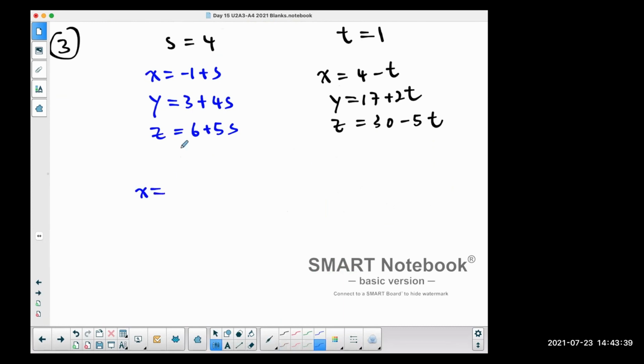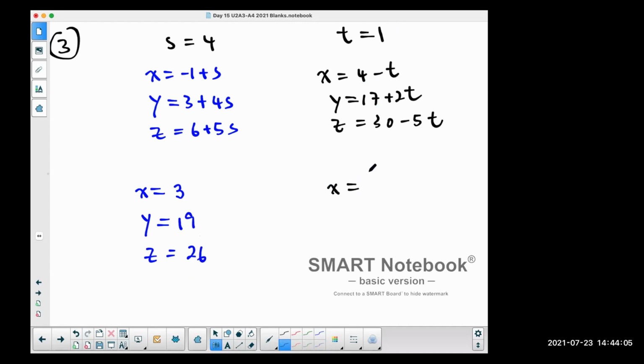X is equal to -1 + 4, that's 3. Y is equal to 3 + 4 times 4, that's 16 + 3, which is 19. The Z coordinate is 6 + 5 times 4, that's 26.